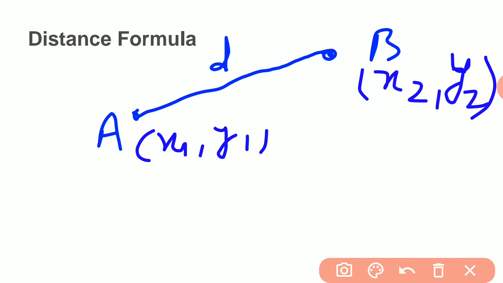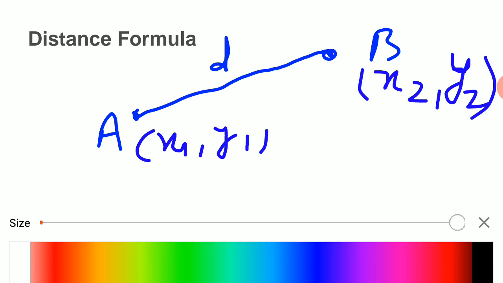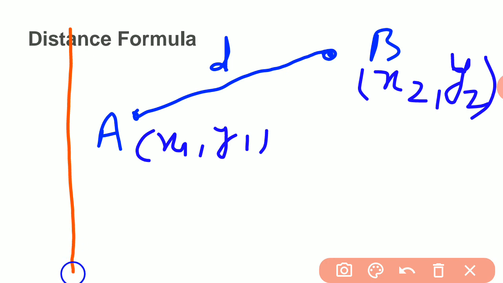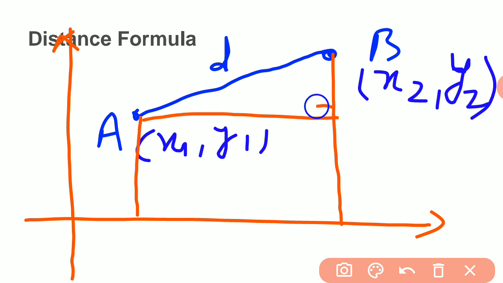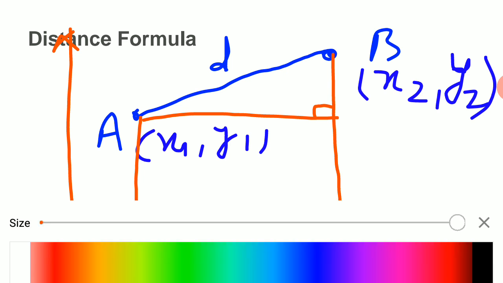Then to find the distance between them, we will draw the x and y axes geometrically, this is the x-axis and this one is the y-axis. We draw a perpendicular on the x-axis and then from here we draw a perpendicular to this.